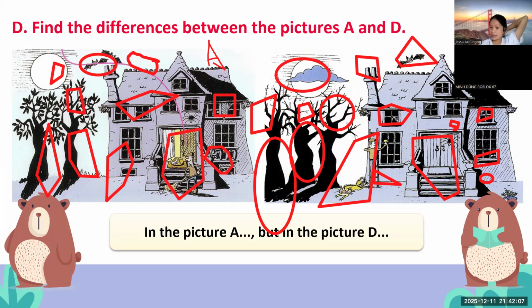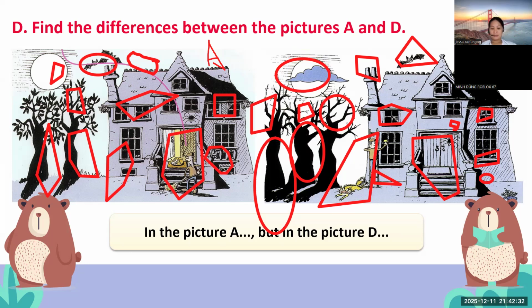In picture A, the box in picture D is 3. Picture A has a tablet, but picture D doesn't have a tablet.